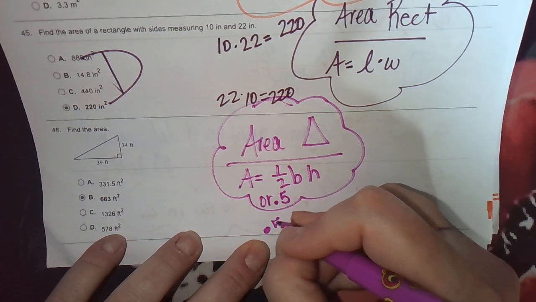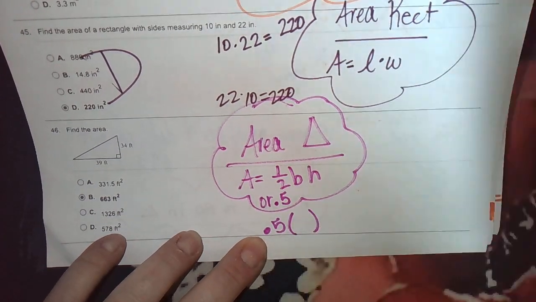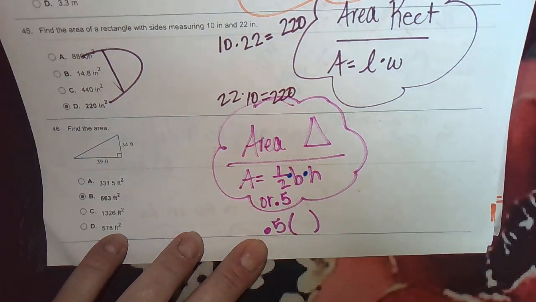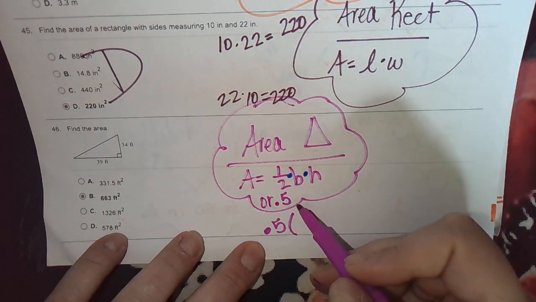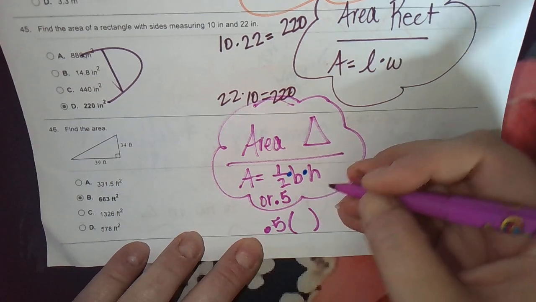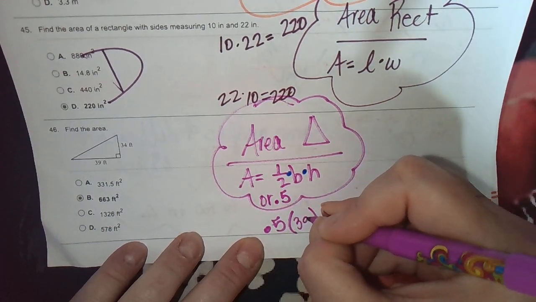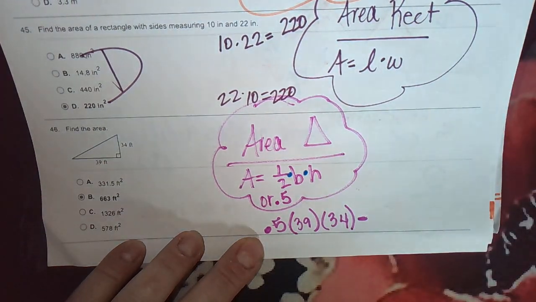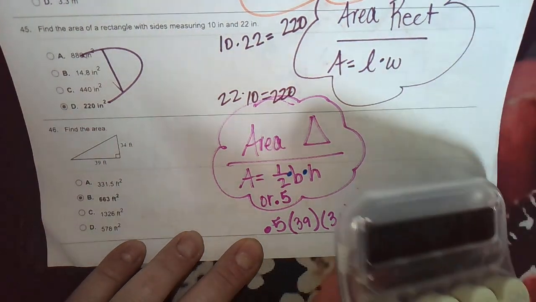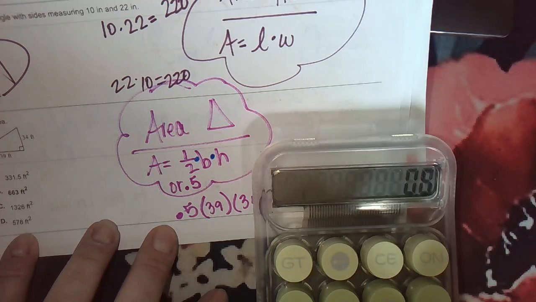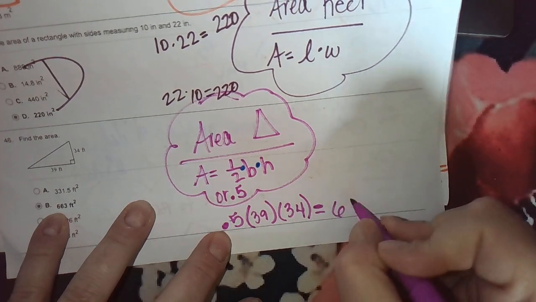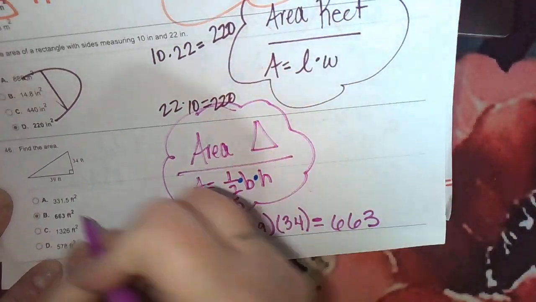So 0.5 as the 1/2, and then that B and H are all squished up on each other, and squishing means multiplying. So 0.5 times 39 and 34, and then let's multiply those. Hey, 663. B.